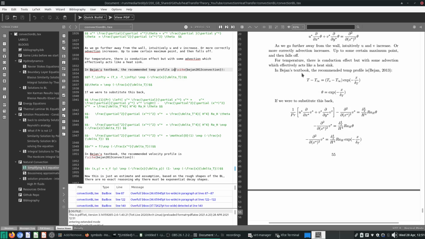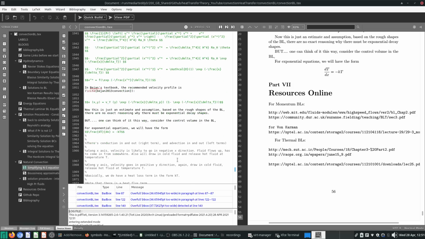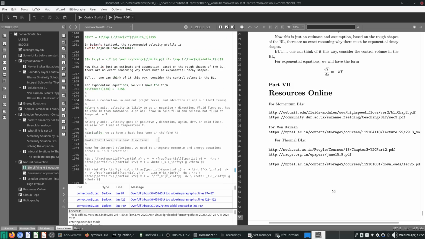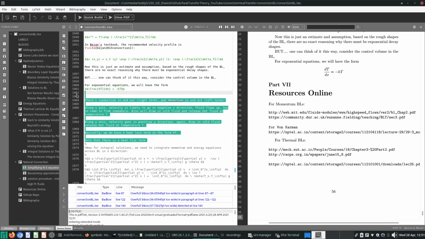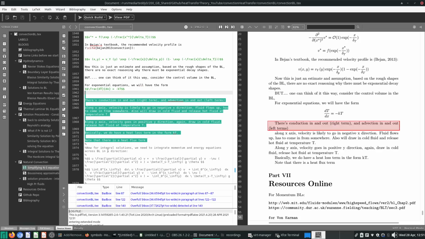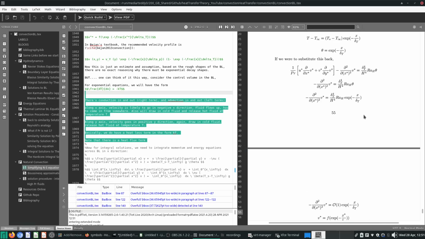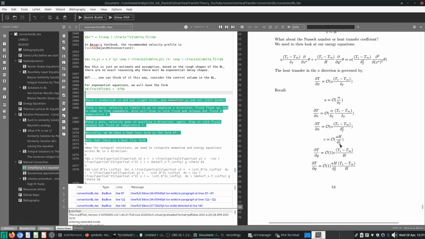Anyway, this is how we get our estimated velocity profiles. If you really want a little bit more to convince yourself, I have a qualitative explanation over here which you can read in your own time. Hopefully the math that is done in this video should help you to be convinced of what sort of profiles we want to substitute into our equation.